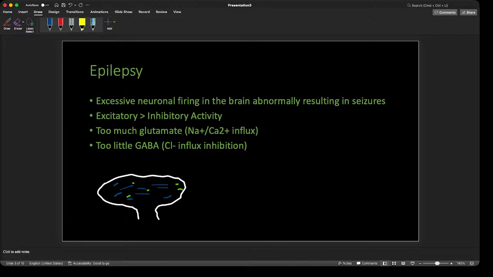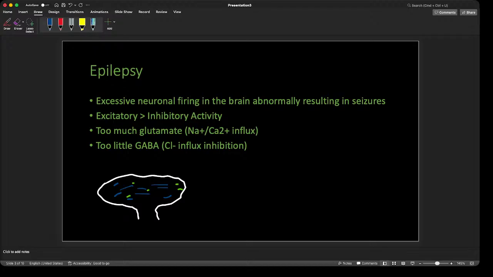So let's move on to epilepsy. It's basically an excessive neuronal firing in the brain, abnormally resulting in seizures. That's when the excitatory neurotransmitter exceeds the inhibitory activity. So when that gets fired, there's too much glutamate coming out. And we'll talk a little more about the sodium and calcium influx.